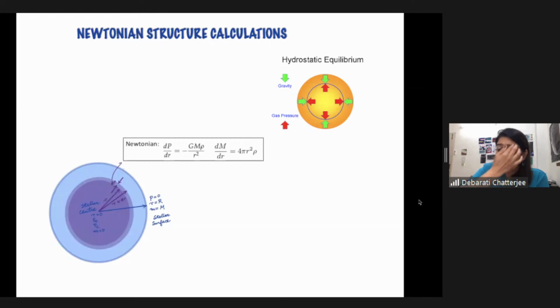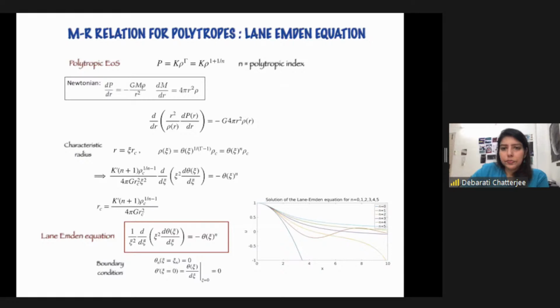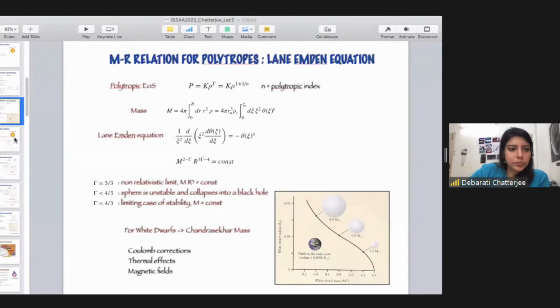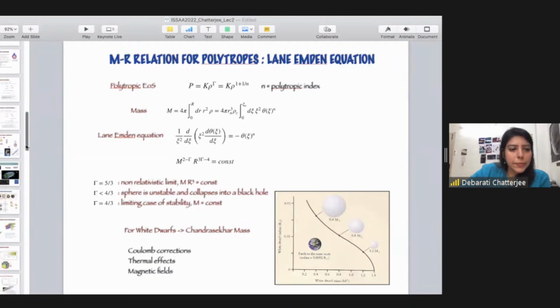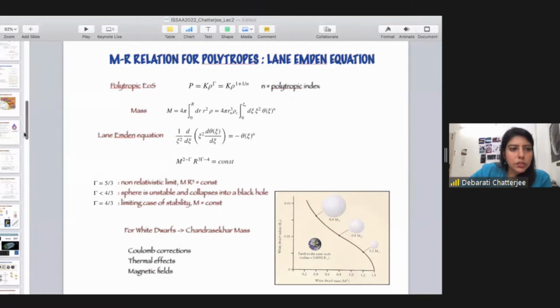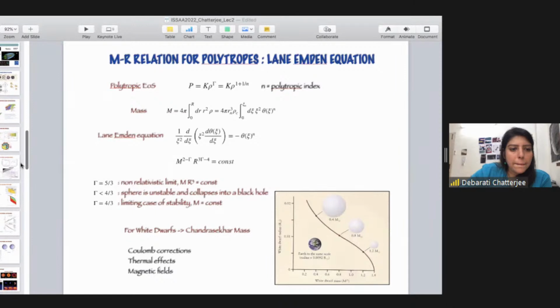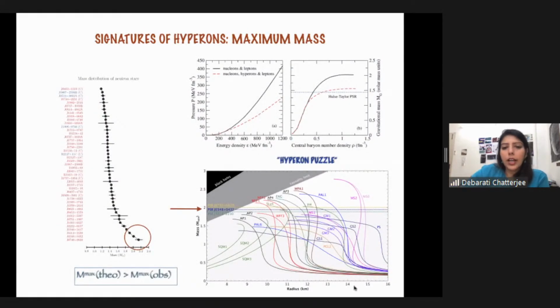There's a question: can you explain in the R versus M graph why there are multiple masses for the same value of R at the start of the graph? Okay, so let me check where the mass radius curve is.